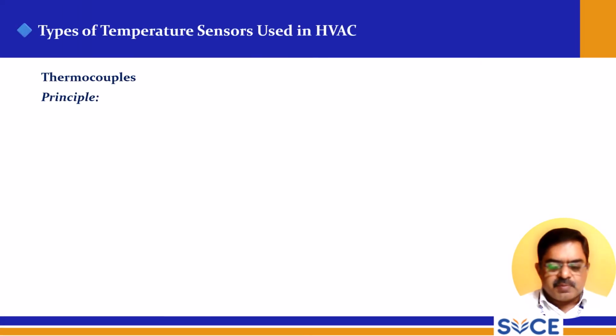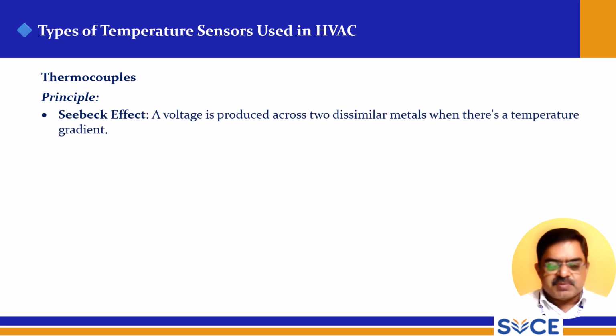Then we have thermocouples. It is made up of two dissimilar metals and works based on the Seebeck effect. The principle is that a voltage is produced across two dissimilar metals when there is a temperature gradient.